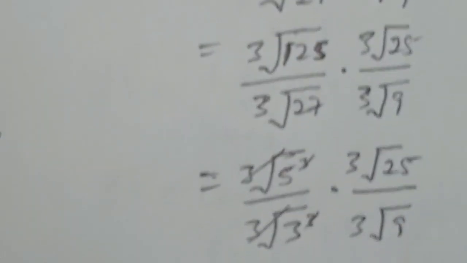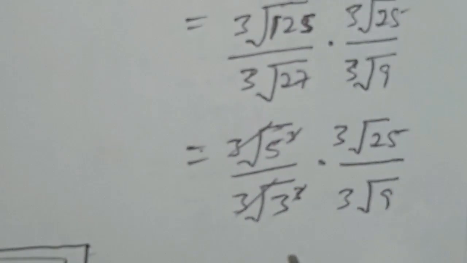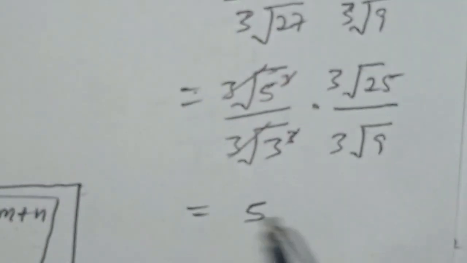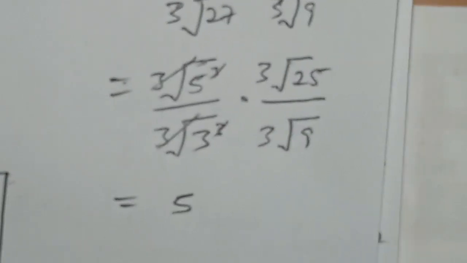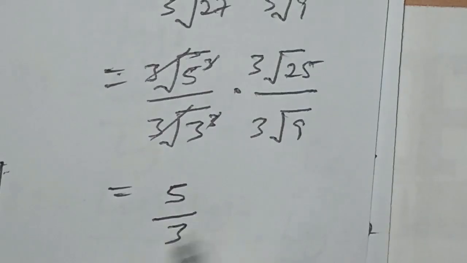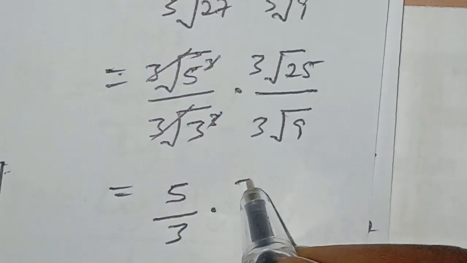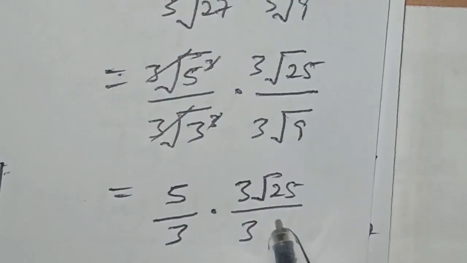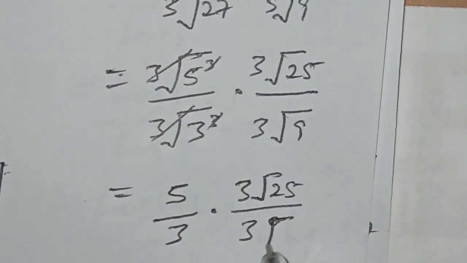So this cancels out with this, then we will be left with 5 over 3, then the cube root of 25 over the cube root of 9.